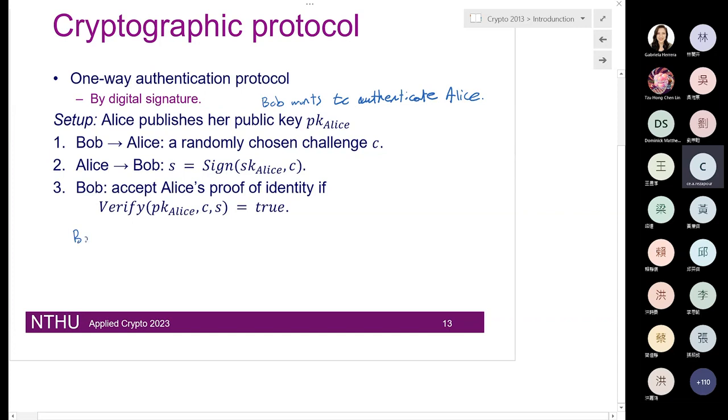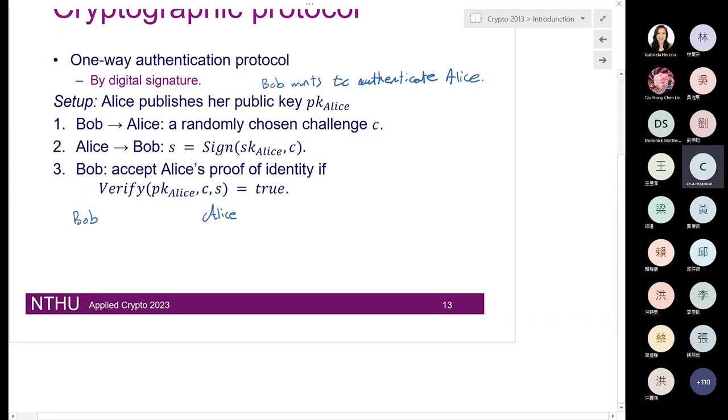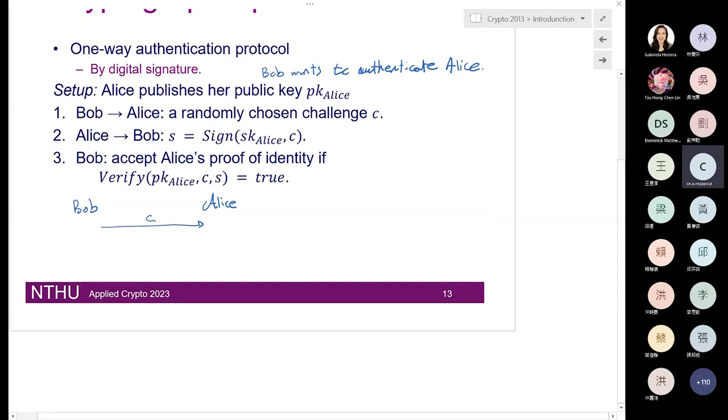So Bob is sitting here, and we assume that Alice and Bob have this public key infrastructure, and everybody has a verification key out there, and then they have the corresponding secret key. So Bob would turn back to Alice and say, well, if you're really Alice, I know your verification key, right? So I would draw a random looking number C, and I send it to Alice, and this C is the challenge.